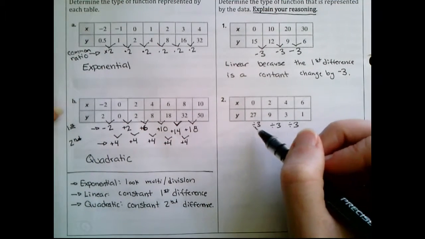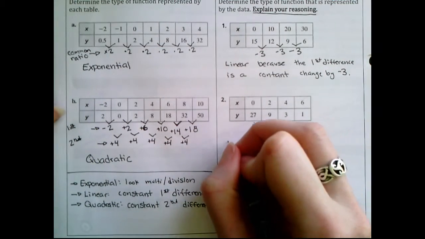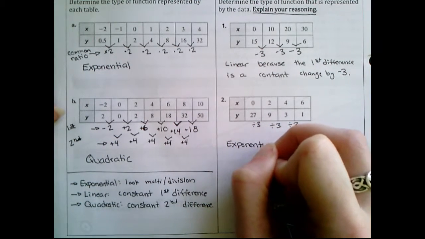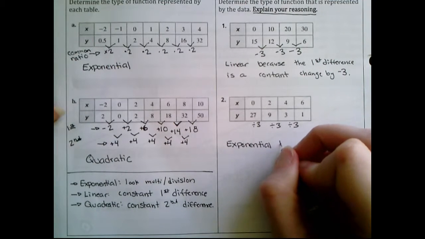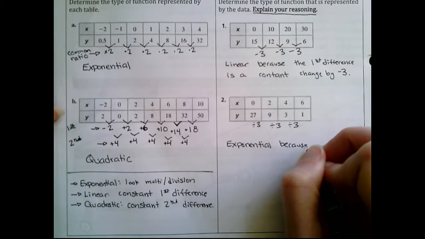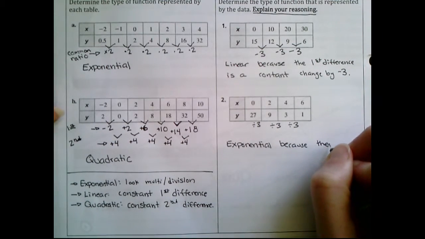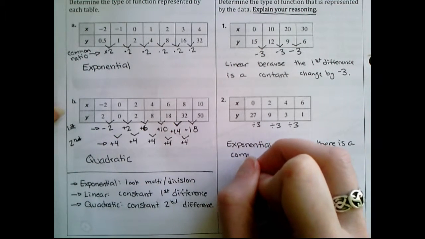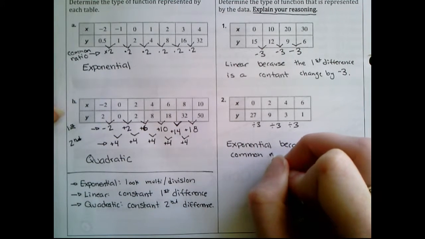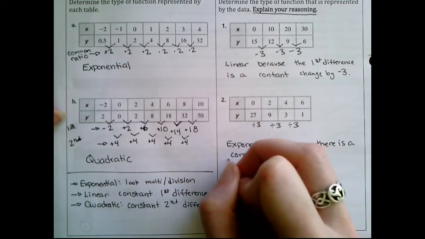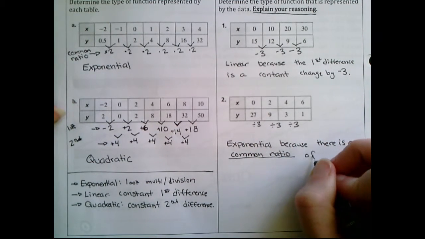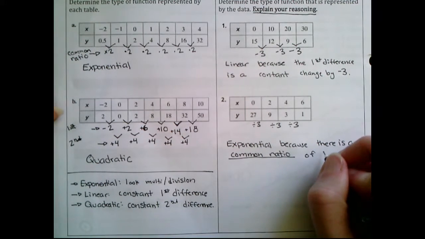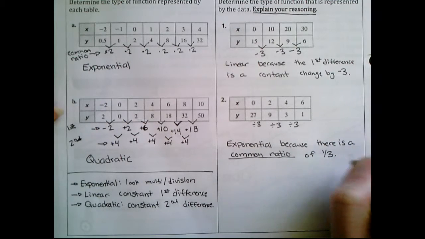Now, if these are all divided by 3, that's going to be exponential, and we're going to say that's because there is a common ratio. So making sure to use that vocab word here, common ratio, but instead of saying 3, because remember we multiply by, a common ratio of 1/3, that reciprocal here.